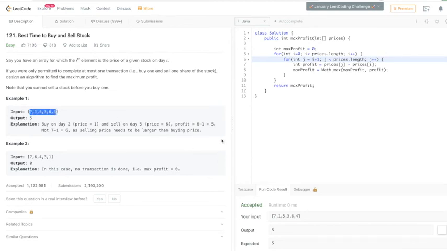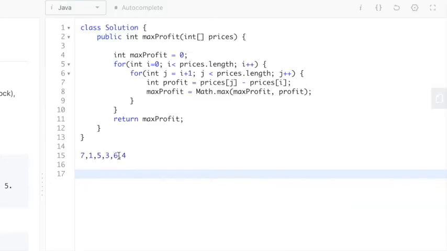Now, if we observe this array carefully, we can see that if we maintain the minimum price which is received so far and the next maximum price following this minimum price, the difference of these two numbers will give us the maximum profit.